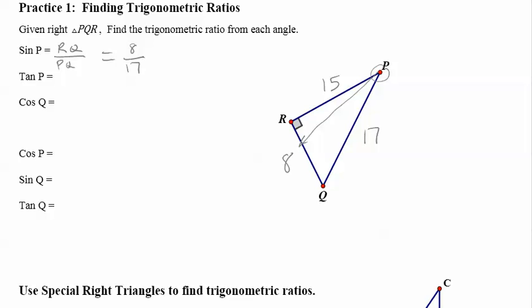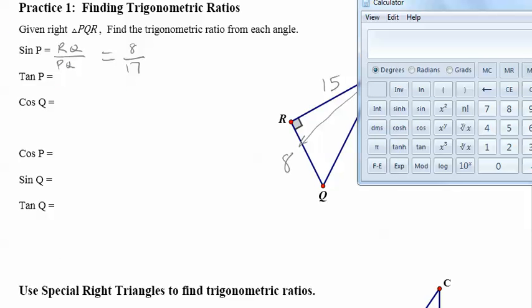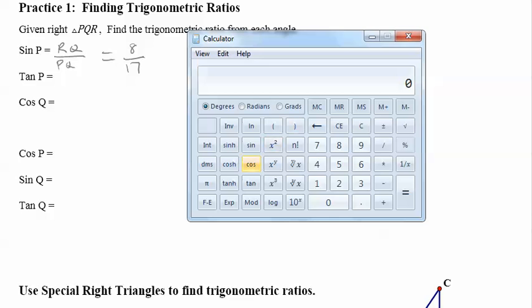Then we could put that into our calculator and find it. You should have a sine function in your calculator. So let me pull up my calculator. Basically, I'm going to type in 8 divided by 17.